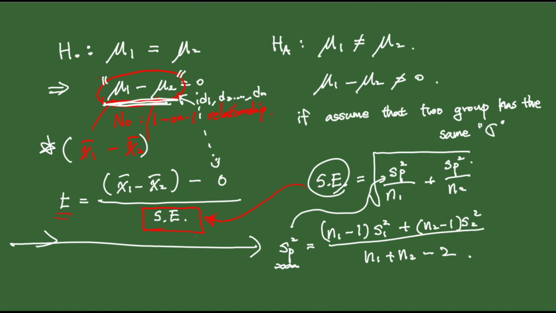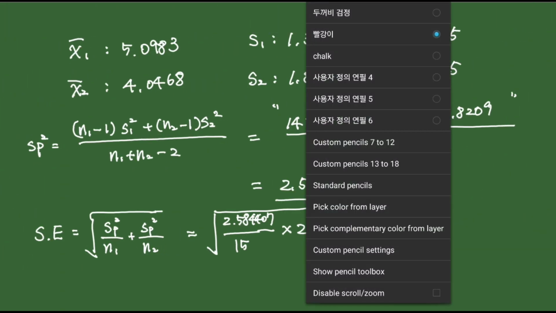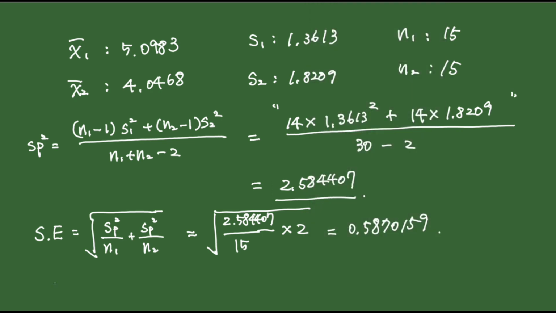So using this SE, we can calculate the t-test statistic. The t statistic is t equal to x1 bar minus x2 bar minus 0, which is the theoretical mean under the null hypothesis, and then divided by SE, which is 0.5870159.